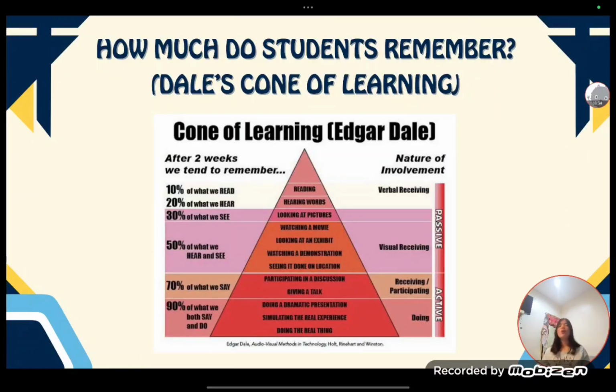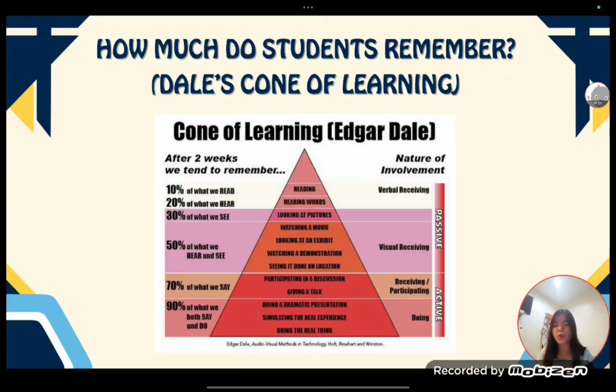Just like for example when we are given a chance to explain on that particular question, and we were able to express our own thoughts, our ideas, or our own critical thinking or knowledge. So 70% is na-absorb natin yung learning based kay Dale's cones of experience.